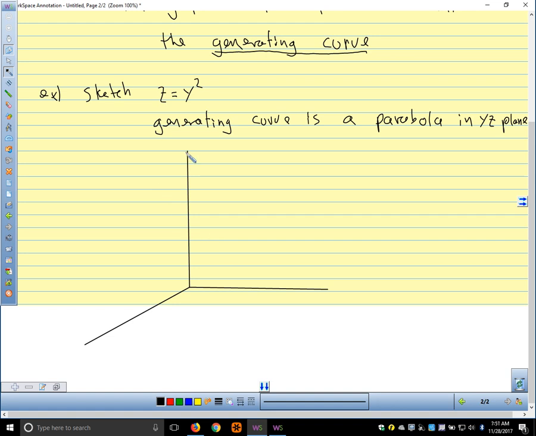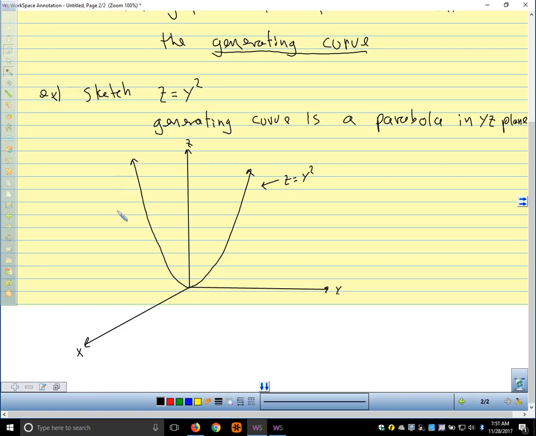So here is z, y, and x. There would be the parabola z equals y squared, and I'm going to draw it over here as well in the YZ plane.